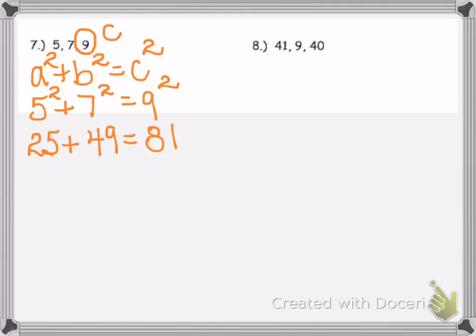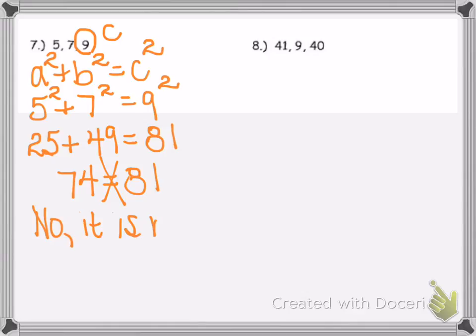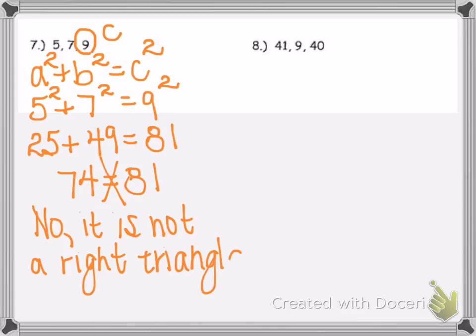Combining on the left, I'm going to get a total of 74, which does not equal 81. So this tells me that the lengths of these sides that they gave me do make up a triangle, but it is not a right triangle. Because again, Pythagorean theorem is only really good for right triangles. It doesn't work for others.